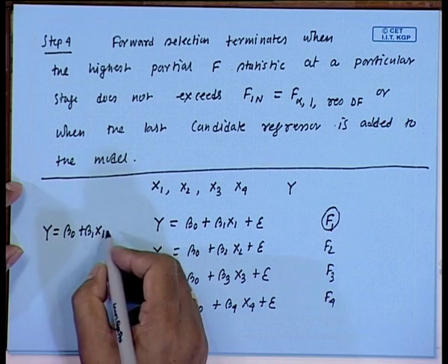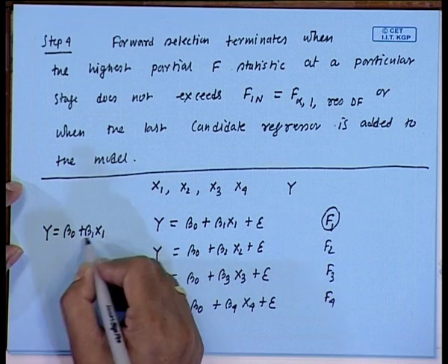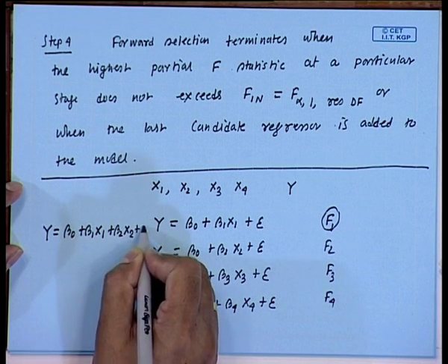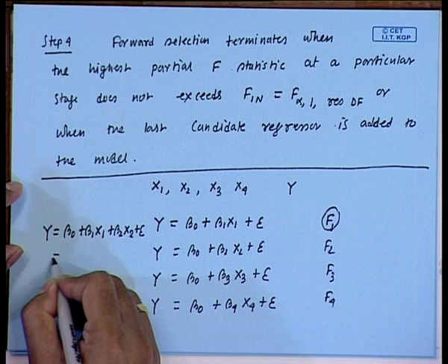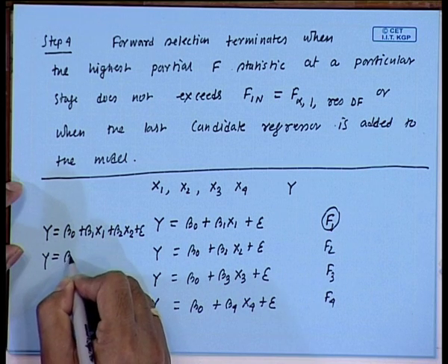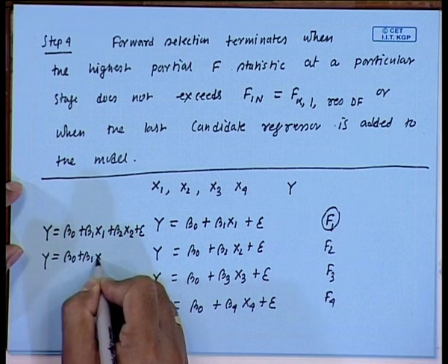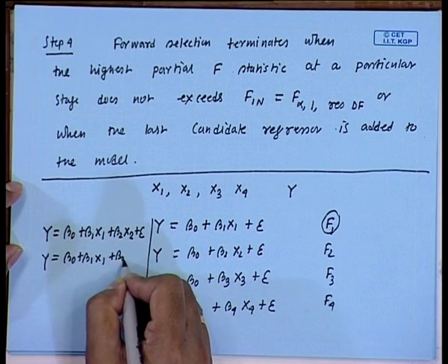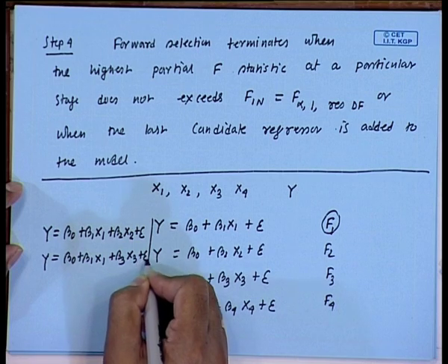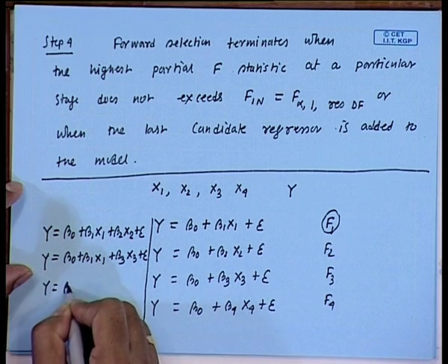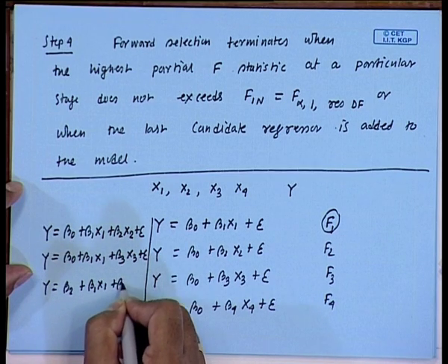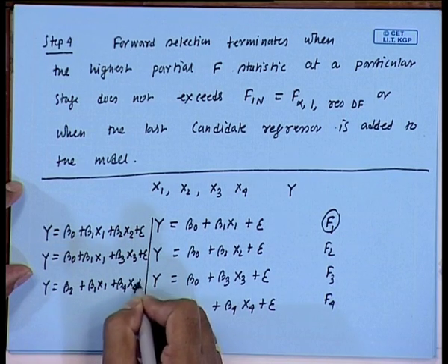We will try the model y equal to beta naught plus beta 1 x1 plus beta 2 x2 plus epsilon, then y equal to beta naught plus beta 1 x1 plus beta 3 x3 plus epsilon, and y equal to beta naught plus beta 1 x1 plus beta 4 x4 plus epsilon.